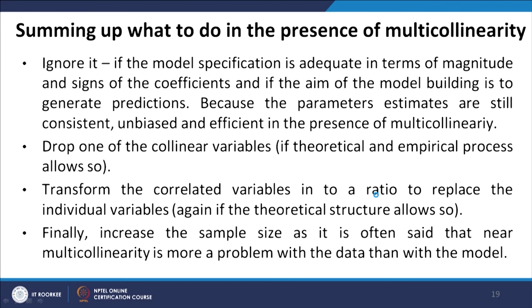And finally, increase the sample size, as it is often said that near multicollinearity is more a problem with the data than with the model. Model specification actually has nothing to do with multicollinearity. Multicollinearity could be present in the form of the data that we collect.